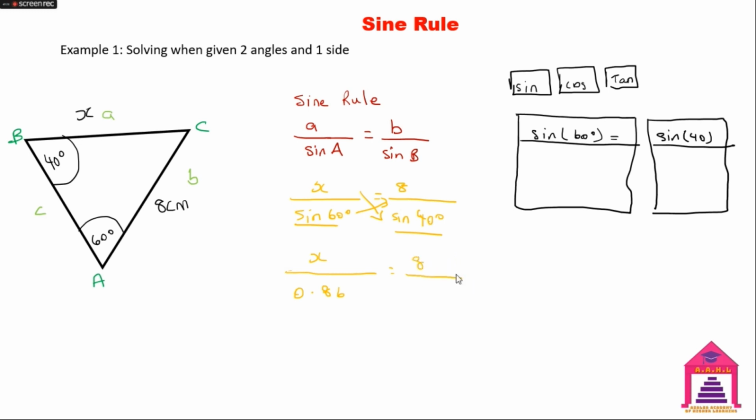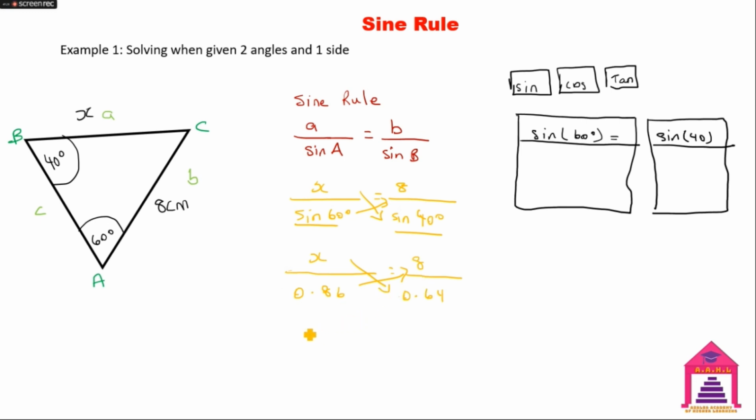And then sine 40, you will get 0.642787609, so with two decimal places you get 0.64.